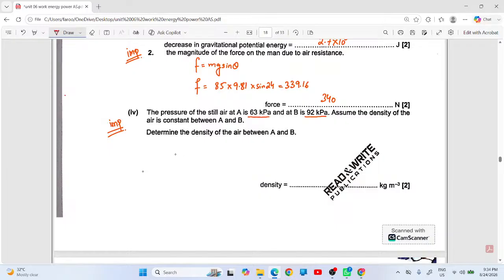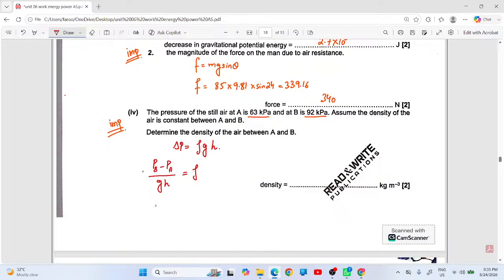If the change in pressure equals rho g h, and the change is the final pressure minus the initial pressure at A, divided by gh, that will equal the density.